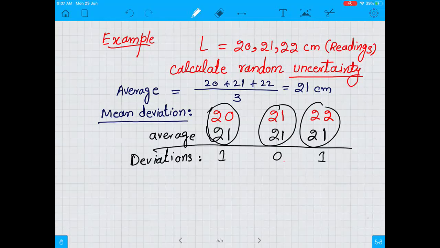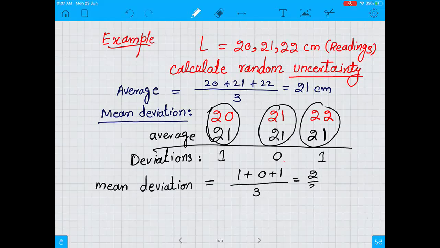Now you need to calculate the mean deviation. Here the mean deviation would be 1 plus 0 plus 1 over 3. So it would be 2 over 3, and 2 over 3 is 0.67. Now one thing, we have to write it up to one significant figure.